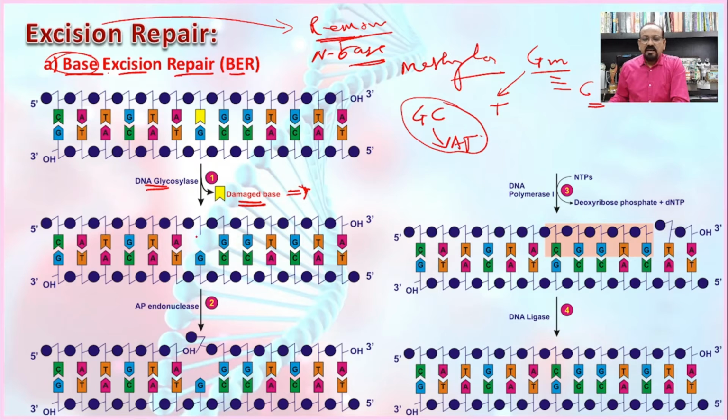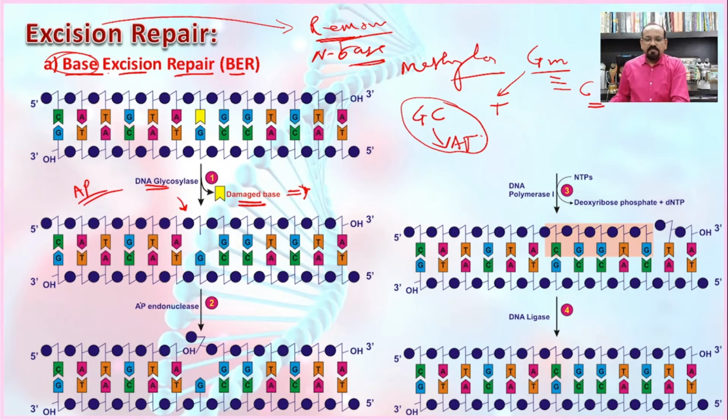In this way there will be an absence of the nitrogen base, and this is known as the AP site, an apurinic site or apyrimidinic site, meaning without purine or pyrimidine, depending on the type of nitrogen base which was damaged.